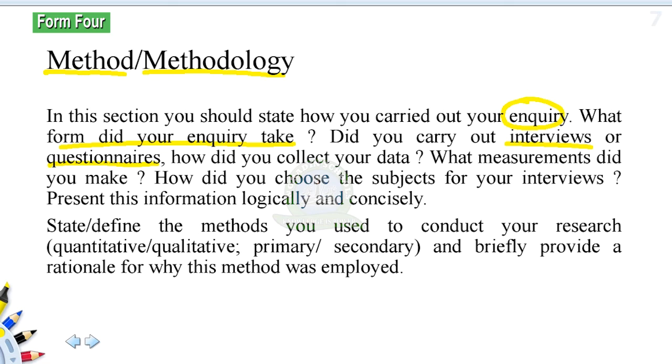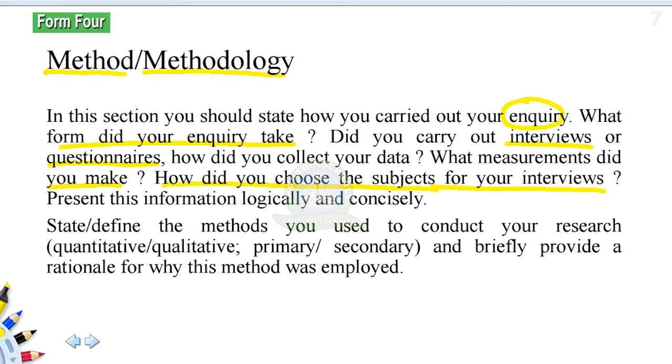How did you collect your data? What measurements did you make? Did you have measurements in your report? Or how did you choose the subject? Especially when you are writing your thesis or research project with interviews.